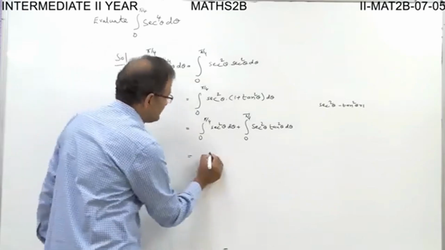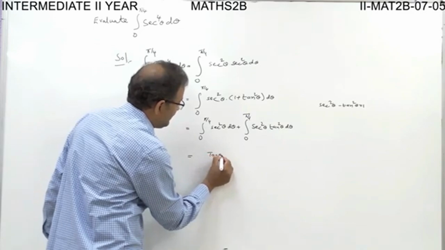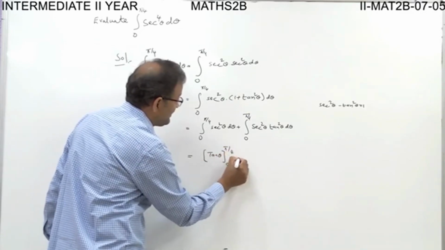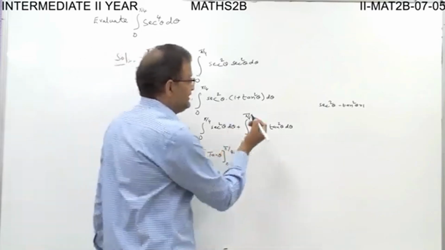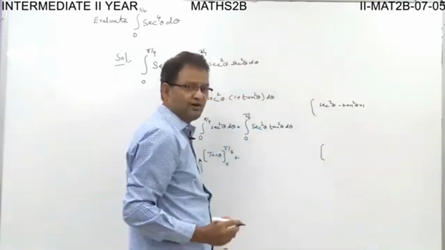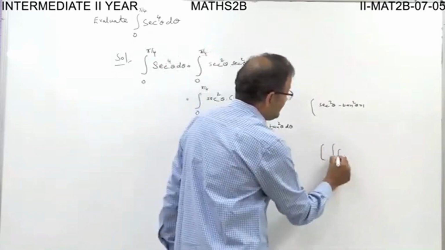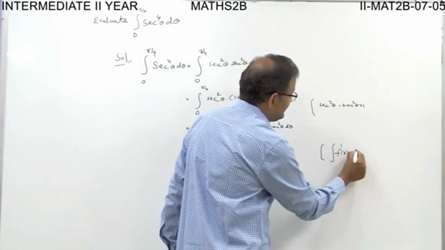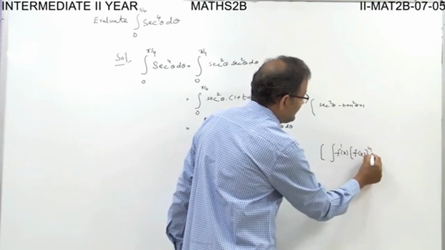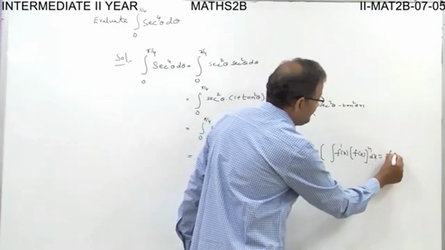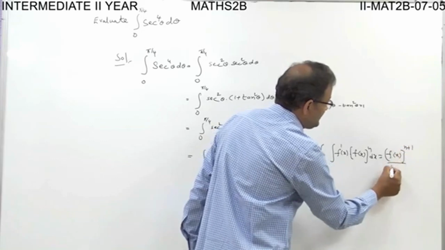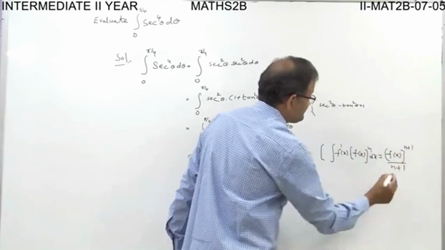The integral of secant square theta, we have the formula, is equal to tan theta, limits 0 to pi by 4, plus integral secant square theta tan square theta. Again here in integration we have one formula: integral f dash of x into f of x whole to the power of n dx is equal to f of x whole to the power of n plus 1 by n plus 1.